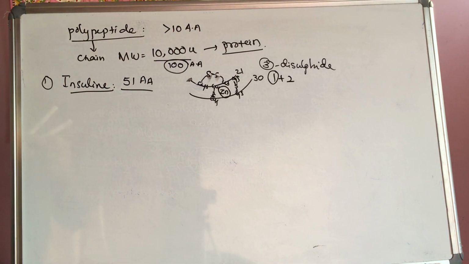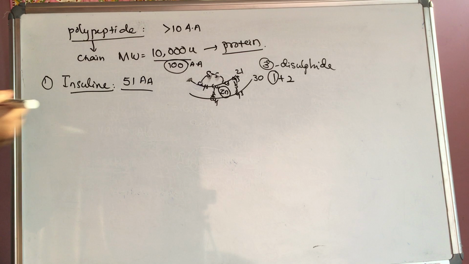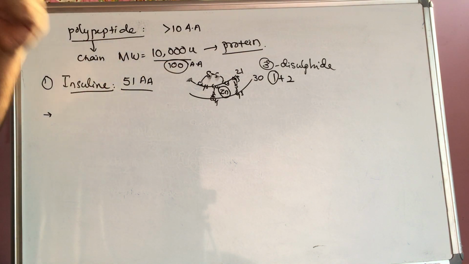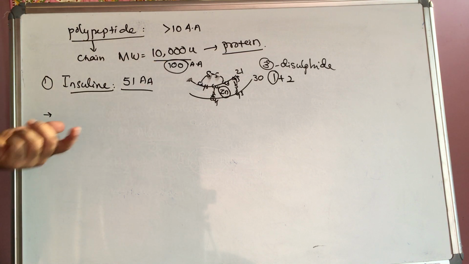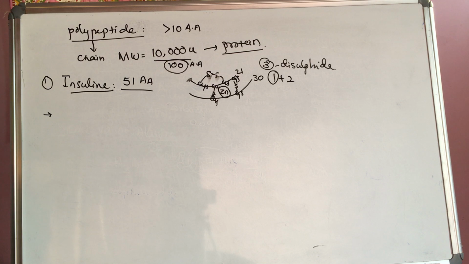This question was also asked once in a competitive exam: which element is present in insulin? That is zinc. Most important concept. And next, we already know clearly about the polypeptide. What is that? About 100 amino acids or more, and a molecular weight of 10,000 unified mass, are called proteins.